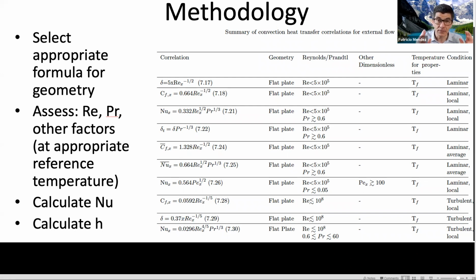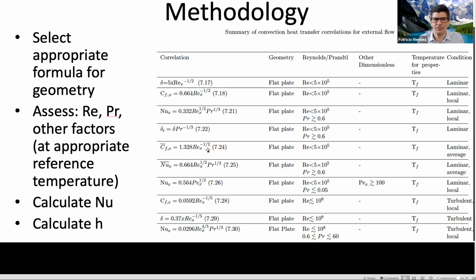What we are seeing this week and next week and the week after next is, how do I calculate H? And how do we do it? So we do it standing on the shoulder of giants. So we select the right formula for a geometry. So you say, oh, flat plate. Okay, somebody ruined his or her life in generating all these correlations.